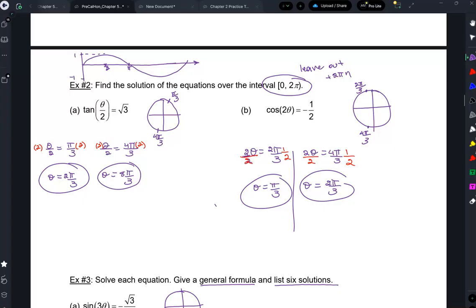Now, suppose my equation is sine of theta is equal to 1/2. Well, if this is 1/2 right here, that's right here and right there, correct?